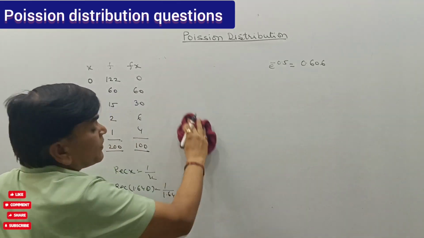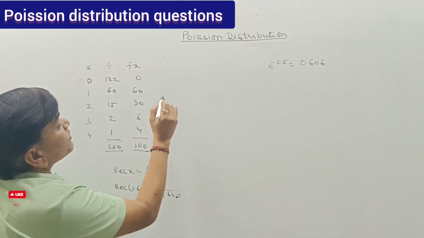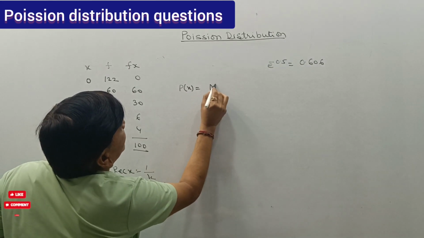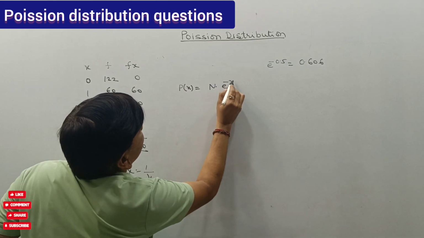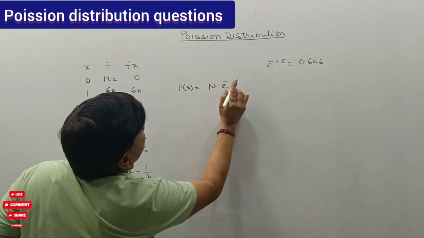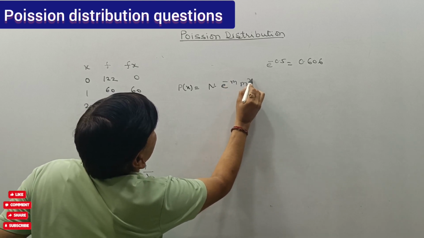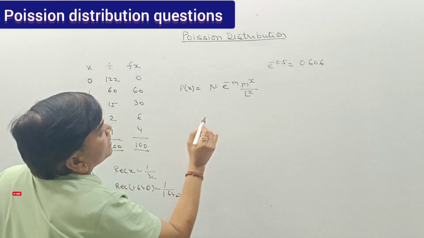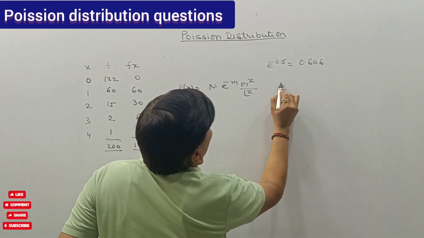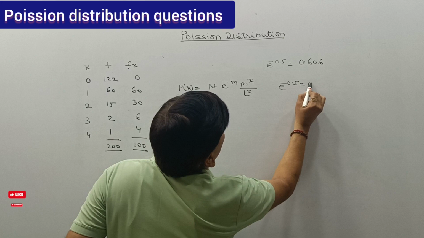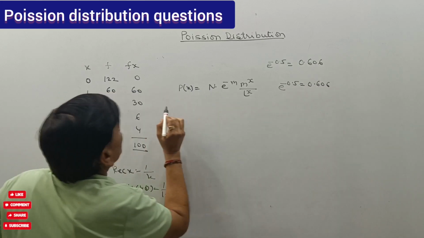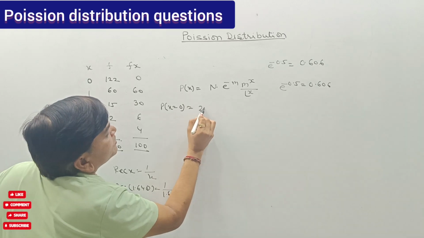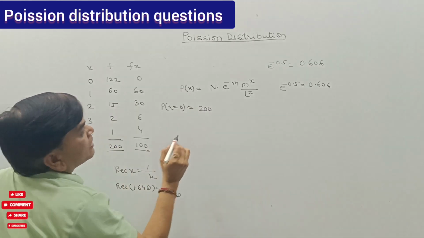We can work with it directly. Now see our formula: P(x) is equal to n times e raised to power minus m, m raised to power x, divided by factorial x. This is our formula. And e raised to power minus m is given as 0.606. So for x equal to 0, n is equal to 200, the total number.